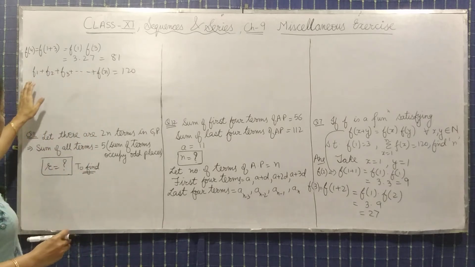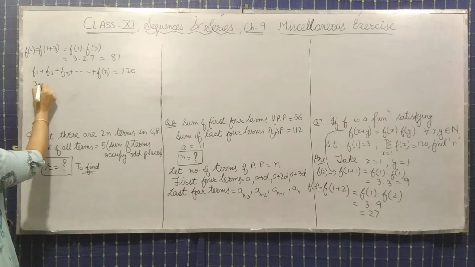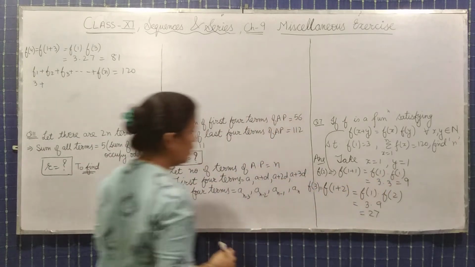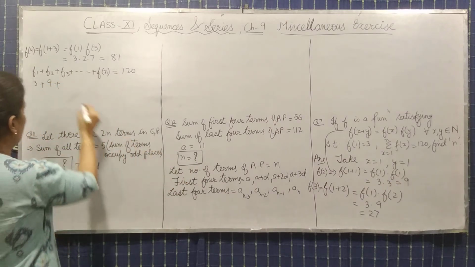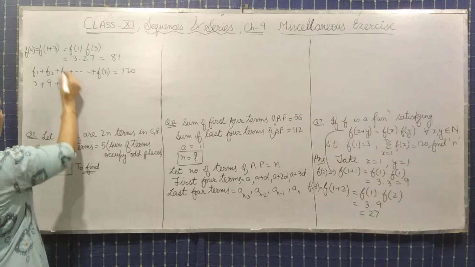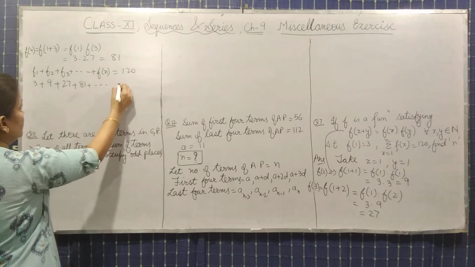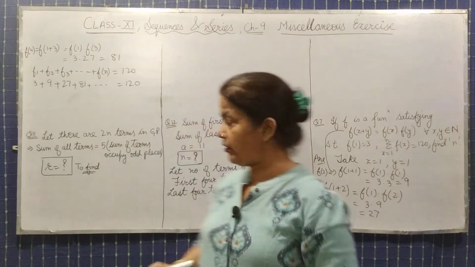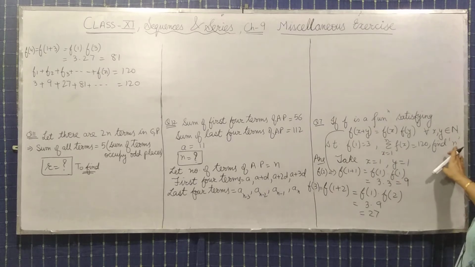So if we put the value f1 is 3, then f2 is 9, and f3 is 27, f4 is 81 and so on. This sum is given as 120 and the question is that you have to find out n.